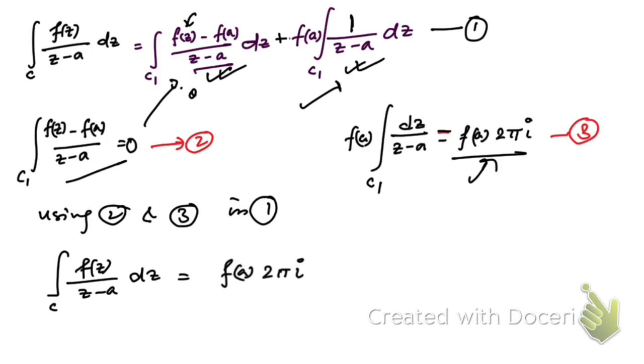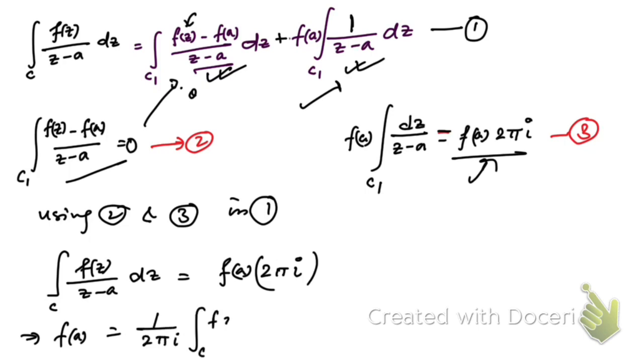Therefore, if we find f of a, f of a is equal to 1 by 2 pi i times the integral along c of f of z by z minus a dz. This is Cauchy's integral formula proved.